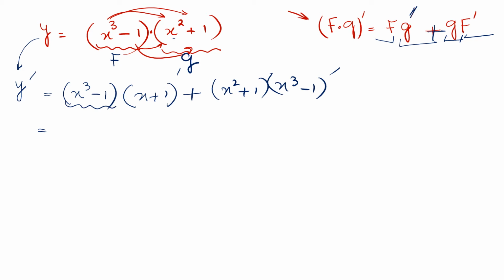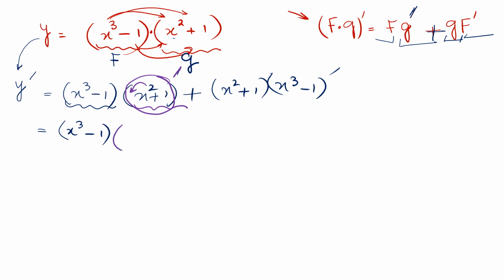Now here in the first term, x cube minus 1, there is no prime anywhere. So you just copy it as it is. Now here x squared plus 1 with prime. So what does it mean? It means take the derivative of this function. So we know from our basic rules how to take the derivative.